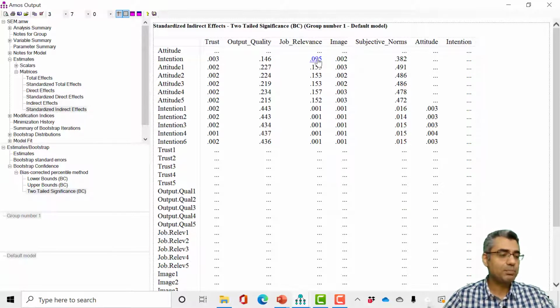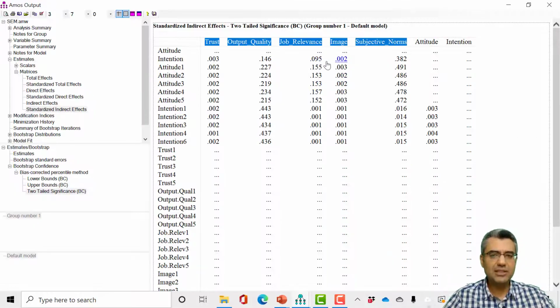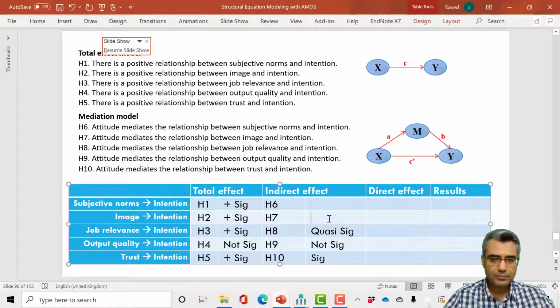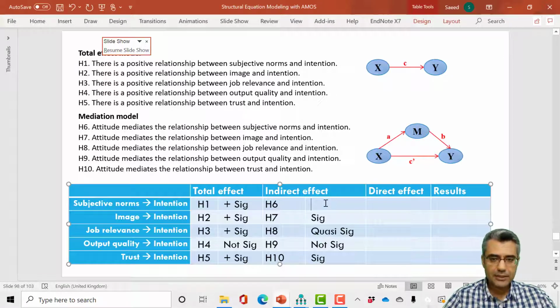Or if your hypotheses are wanted, this means it's significant. But here, I just write quasi. You can write non-significant because your threshold is 0.05. But I would say, okay, I just interpret the results because it's less than 0.10. With 90% confidence level, it is significant. Then image, it is. And the last one is subjective norms, not significant.